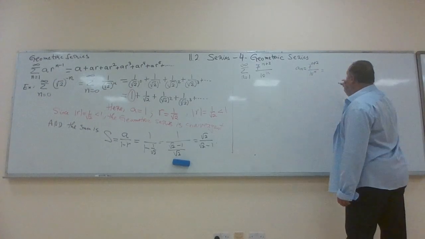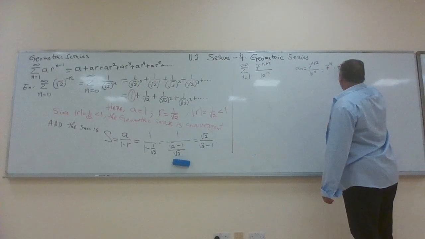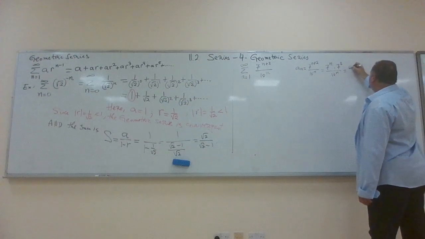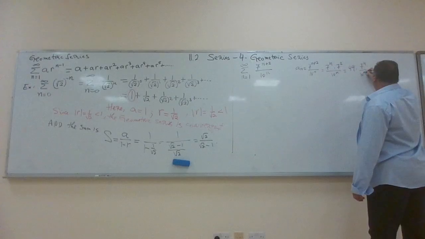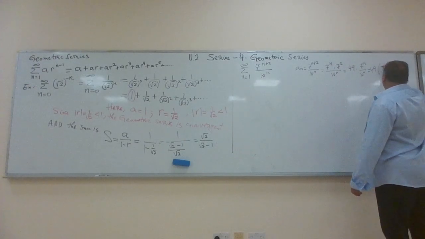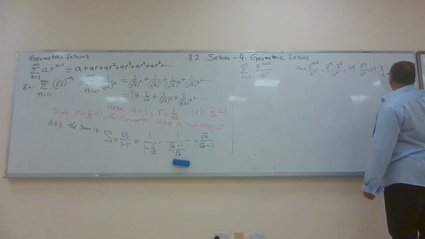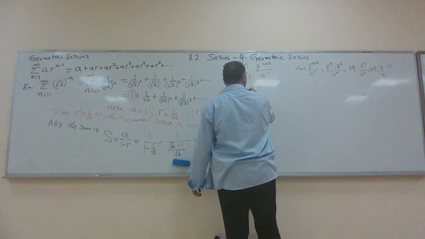So we don't have the same exponent, so I'll have here 7 to the n times 7 to the power 2. Okay, so 7 to the power 2 is 49 times 7 to the n over 10 to the n, so 7 over 10 to the power n. Okay, fine, so I can now write it.